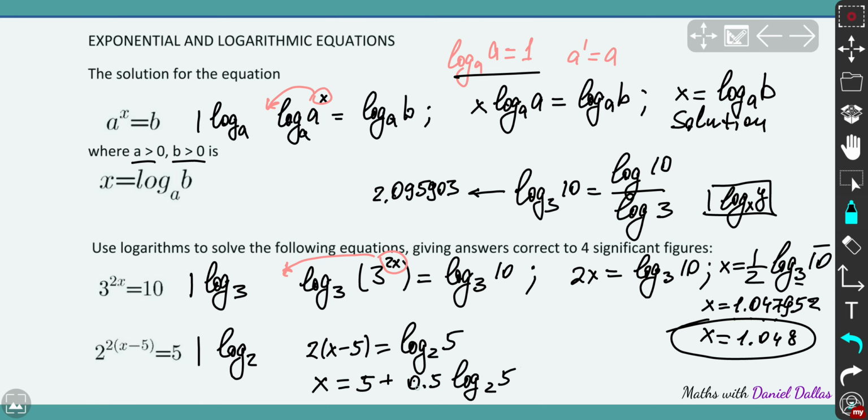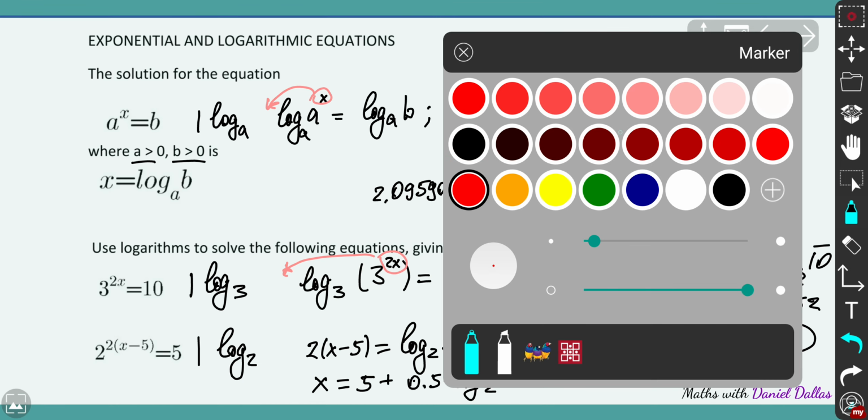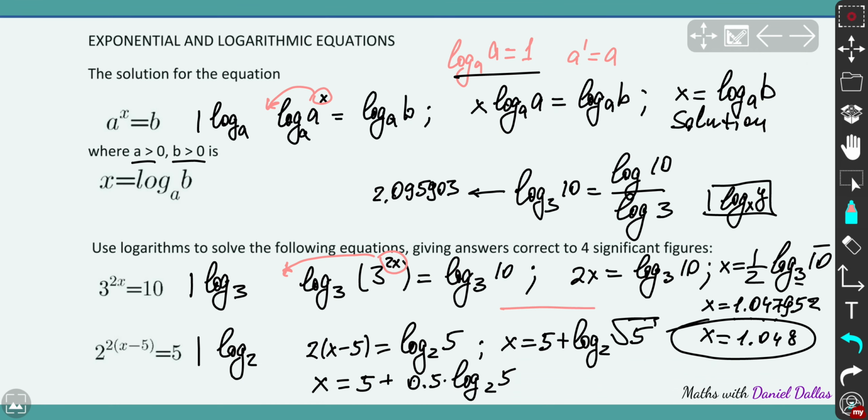If you like, you can put this 0.5 as the coefficient, or instead put it as a power: the alternative solution is 5 plus log base 2 of the square root of 5. That's the alternative version of the solution. I just circle that, or put a rectangle. Both answers can be considered as solutions.